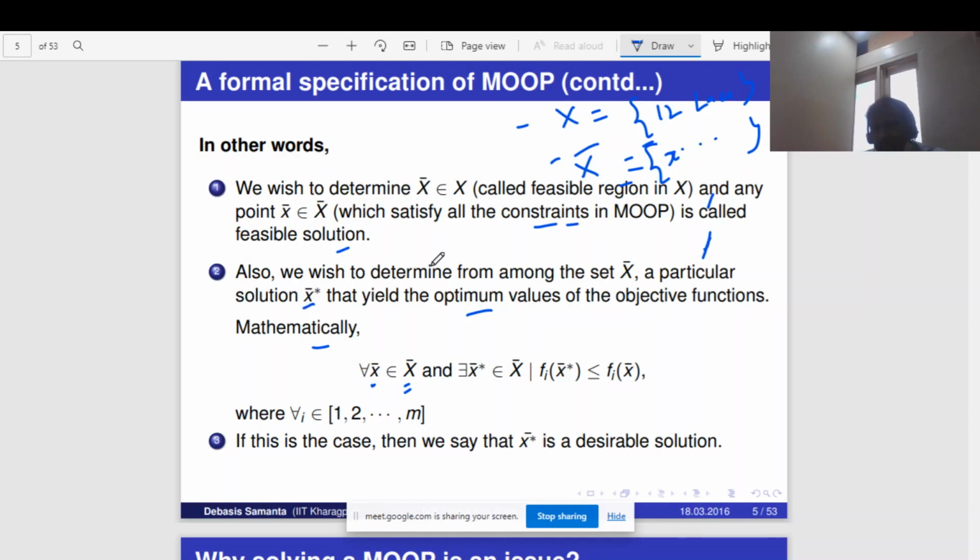What is x dash star? Yes, x dash star is the best individual from this. Now this x dash is a limited population, so from this we can identify the best individual.